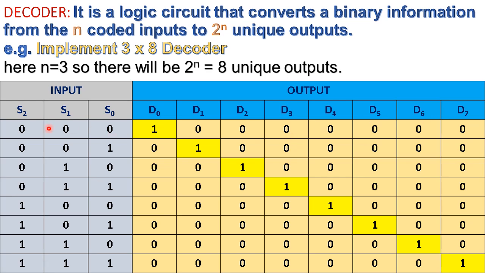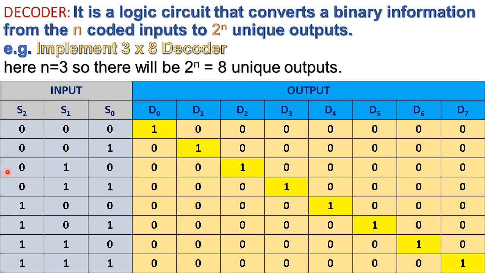Now when we observe the first row, for the binary 0 0 0, the decimal number will be 0. That's why under D0 we will write 1. Similarly, the decimal equivalent for 0 0 1 will be 1. That's why under the D1 column we will write 1.